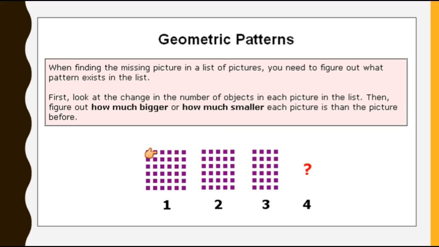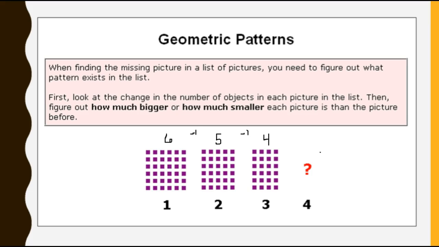So this one has 1, 2, 3, 4, 5, 6 columns. So let's write that down. This one has 1, 2, 3, 4, 5 columns. This one has 4 columns. Okay, so in order to figure out what this one is going to look like, we are subtracting 1 each time, 1 column, but the rows stay the same.